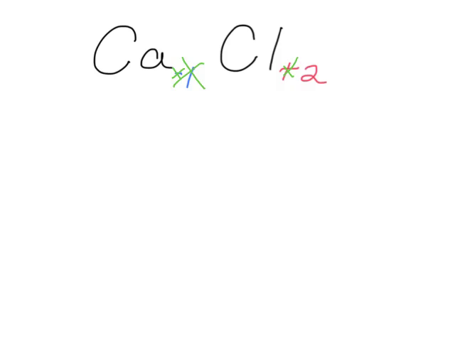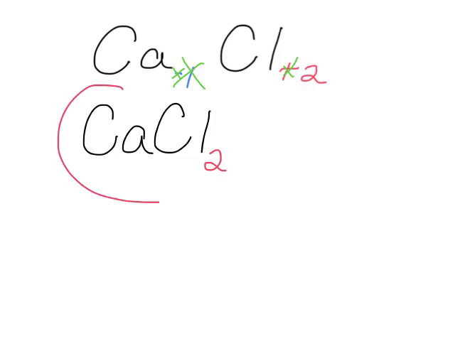You don't need to write the number 1 as a subscript. What we're left with then is a calcium, and again we're not going to write the 1, and a chlorine, and we do write the 2. So our new formula is CaCl2, and you can see that this is much cleaner and much less cluttered than the previous version.